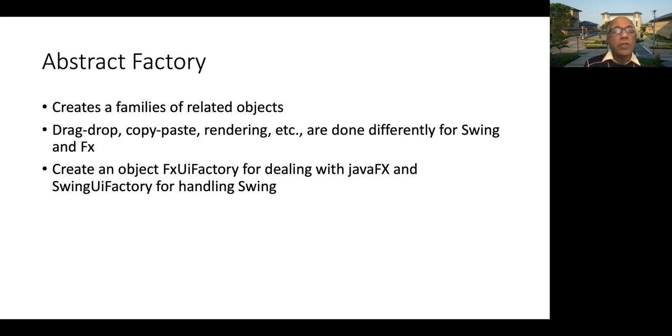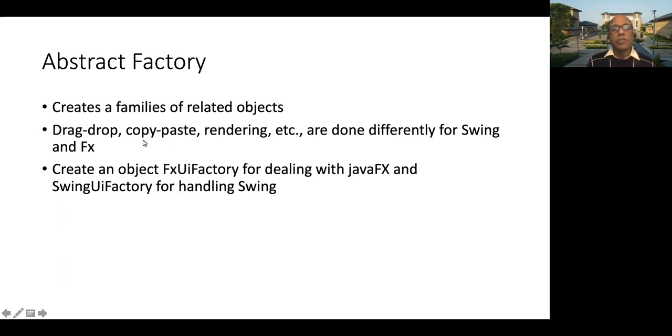So in this case, we have two types of GUI technologies, Swing and FX. So the Abstract Factory object will either create GUI Swing related stuff or FX related stuff.